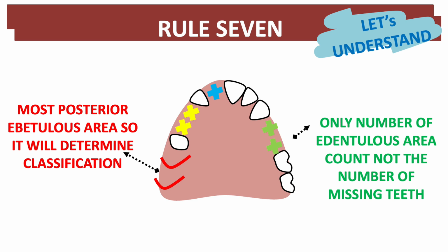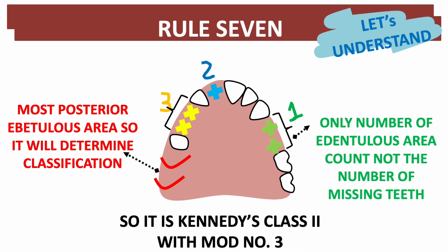Whether the edentulous area contains 3 or 4 missing teeth, it will still be counted as 1. So we have one modification space, then a second, and then a third modification space. Missing dentition is 5, but the modification spaces are 3. So the classification is Kennedy's class 2 with modification number 3.